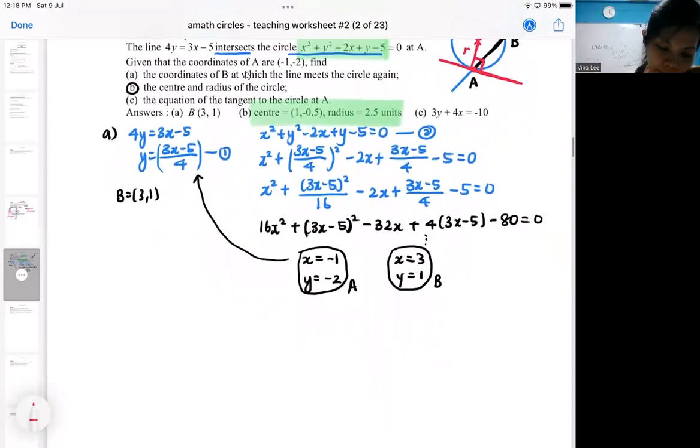Okay, so I'm going to draw it here to facilitate. So let's take a look. So I'm just going to isolate whatever I need. So I got the coordinate of A, and I would like this tangent.